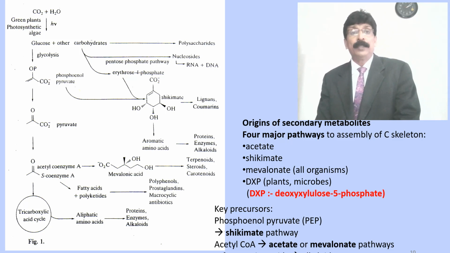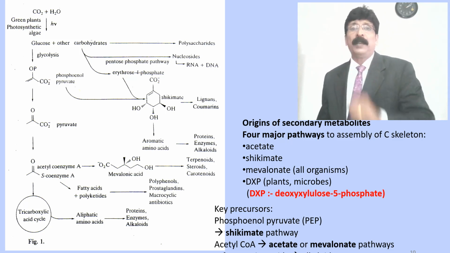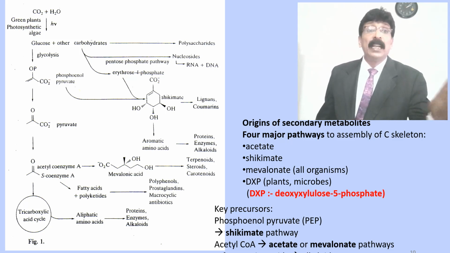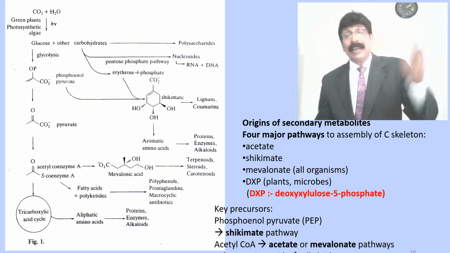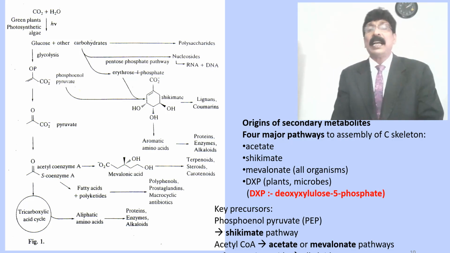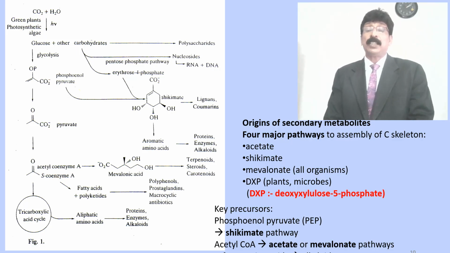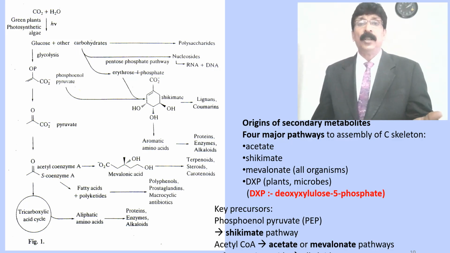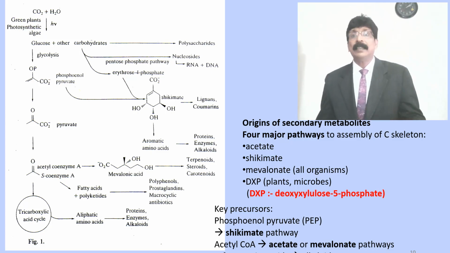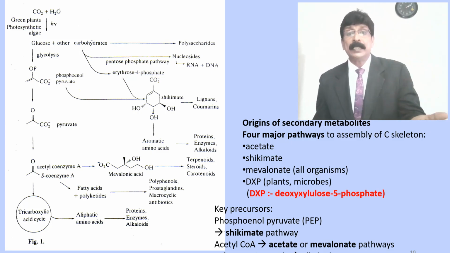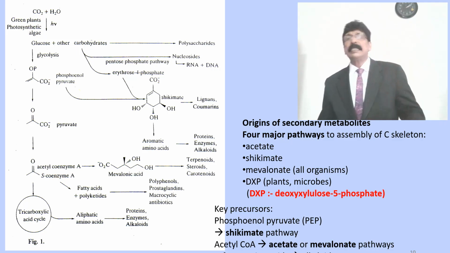Erythrose 4-phosphate has 4 carbon atoms, and the 3-carbon compound is phosphoenol pyruvate, and that goes through various steps and gives the shikimic acid pathway with a 7-carbon compound. Then it can be converted into lignans, coumarins, and even aromatic amino acids, and it can convert into proteins, enzymes, and even various alkaloids.